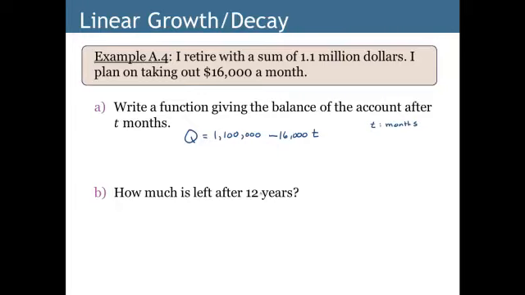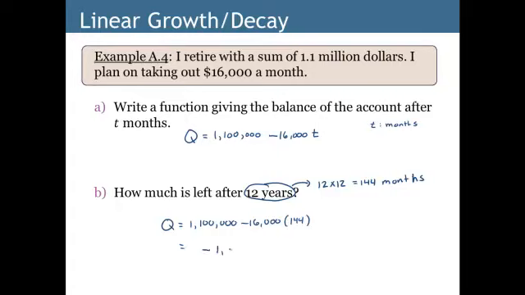How much is left after 12 years? Oh, 12 years, but my T is in months. So 12 years, 12 months a year, that's 144 months. So what's Q? Q is the 1.1 million minus 16,000 times 144, which is negative 1,204,000.